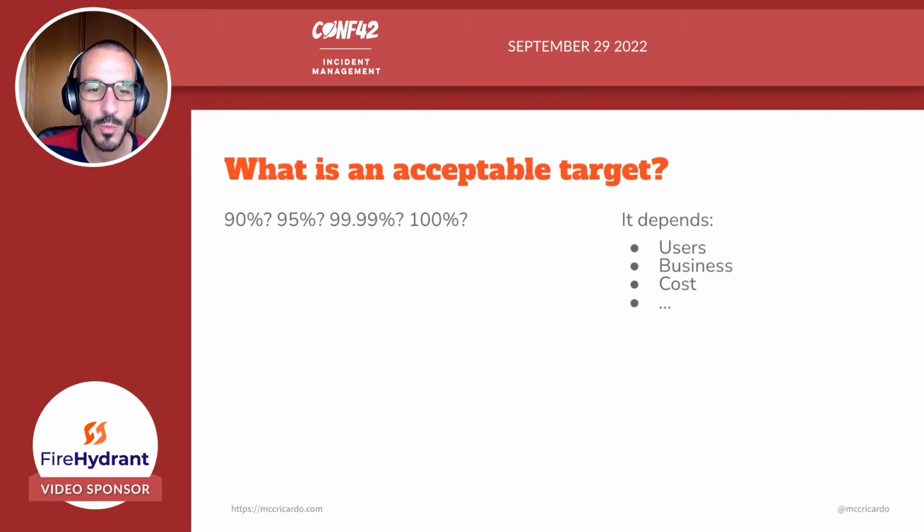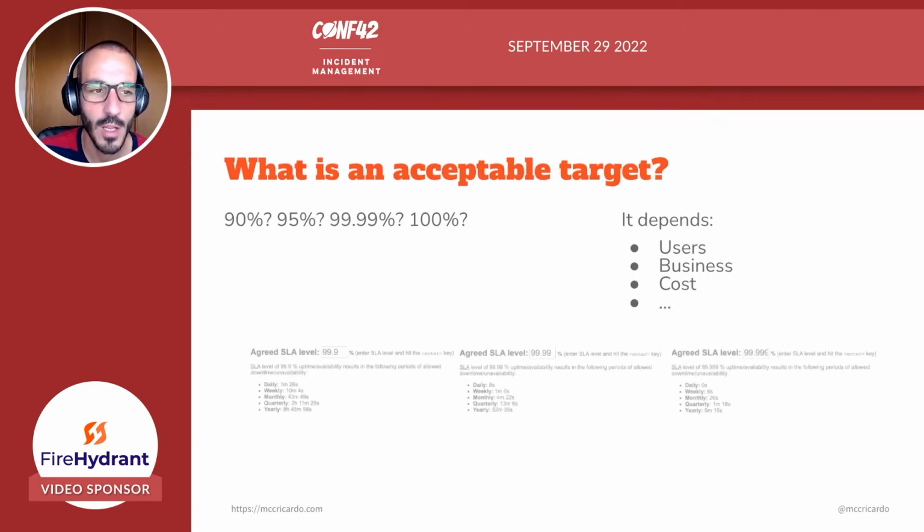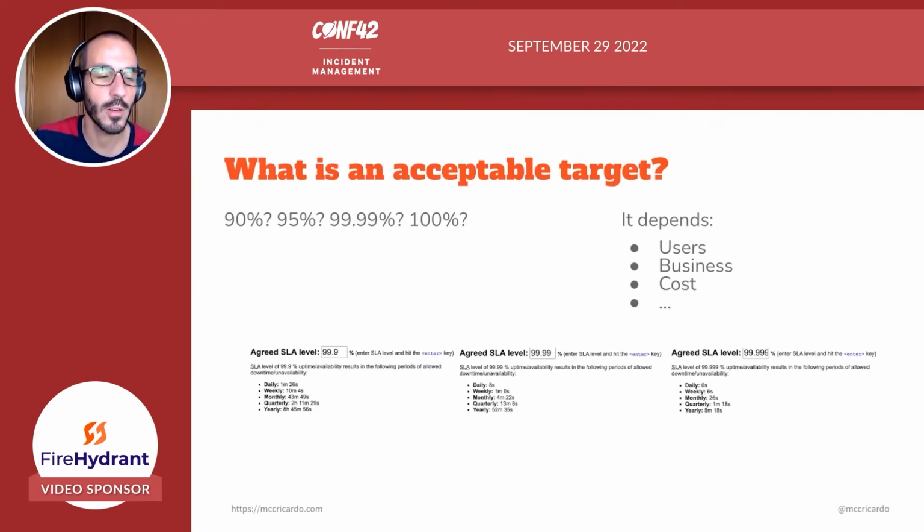But just for us to have an idea, let's see an SLO for uptime. Let's say that we define 3 nines, right? The number of nines is something that is spread across the industry. For an SLO of 3 nines, this means that I can have 8 hours of downtime per year.